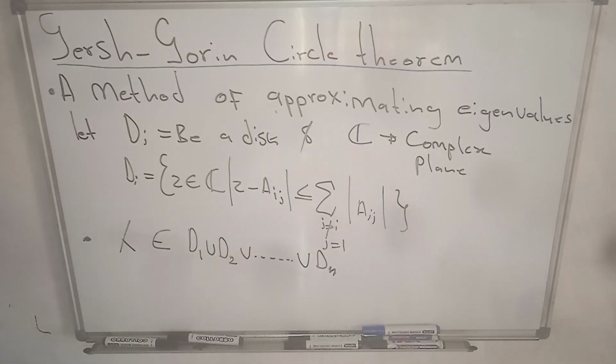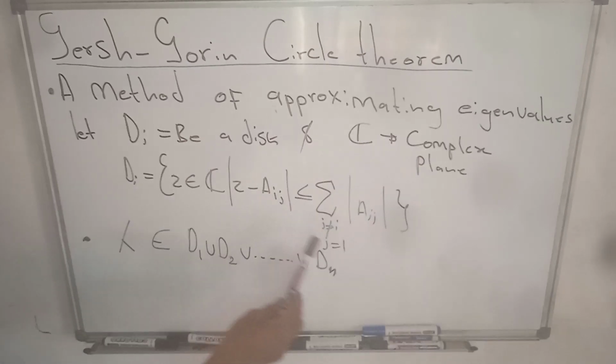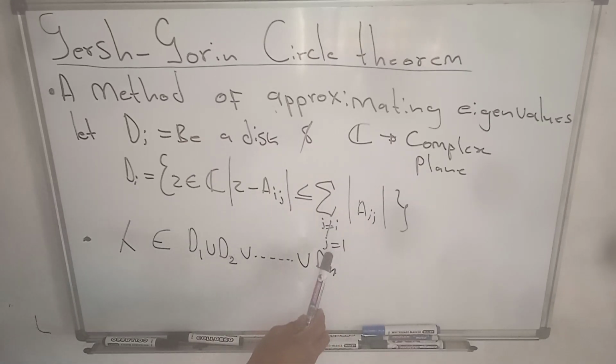This is the theorem: all this disk is equal to the set of z which belong in the complex plane, where the absolute value of z minus aii, the numbers we are subtracting diagonally, is less than or equal to the summation of the absolute values of all the radii. This part is the radius, the sum of the radii, and this part is what we separate diagonally.